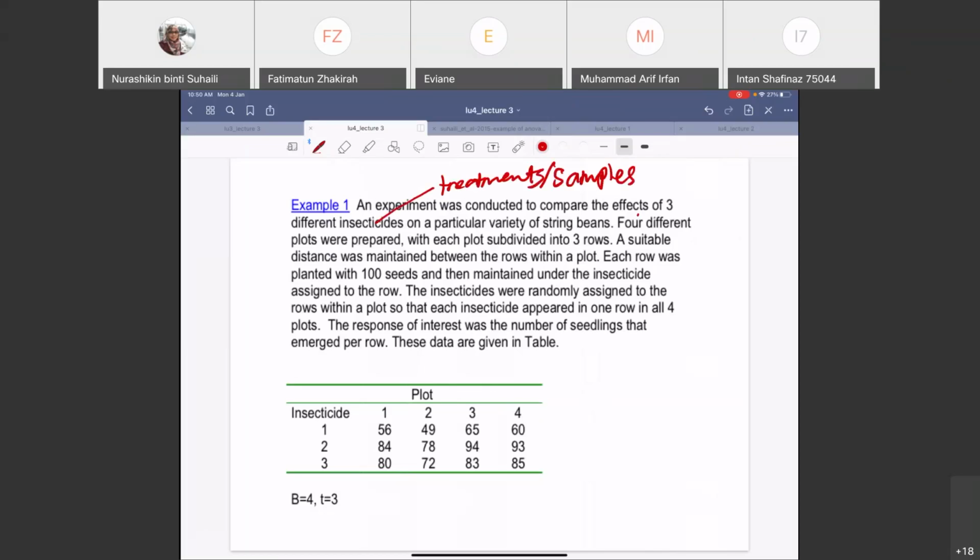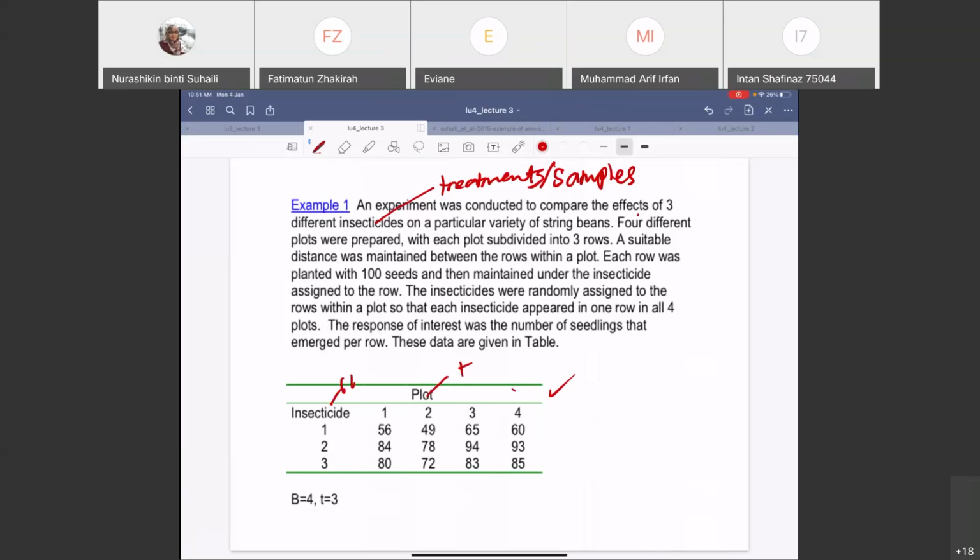When you are given data like this without analyzing the problem, the words or the statements, you might be wrong. You might label this one as treatment and this one as blocks, which is not the case. That's why you have to understand the problem, because sometimes the treatment might not necessarily be the rows.